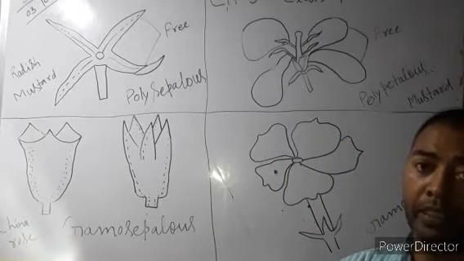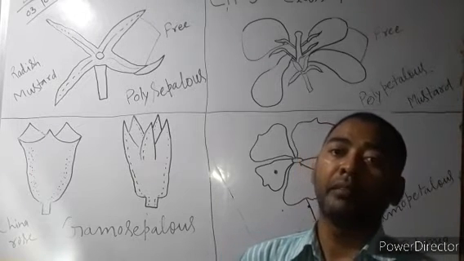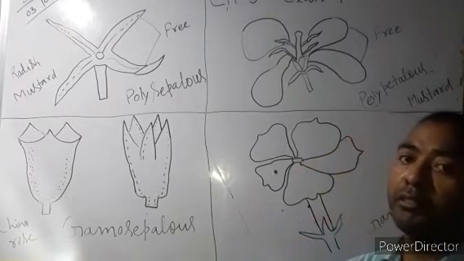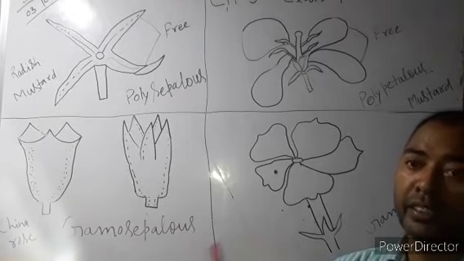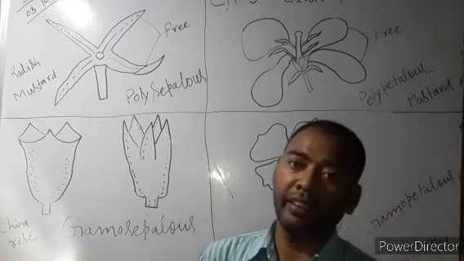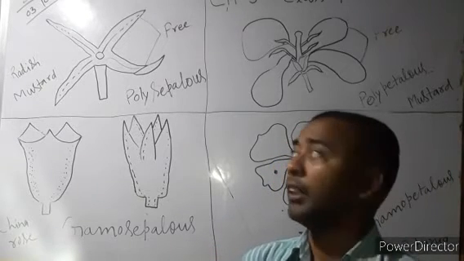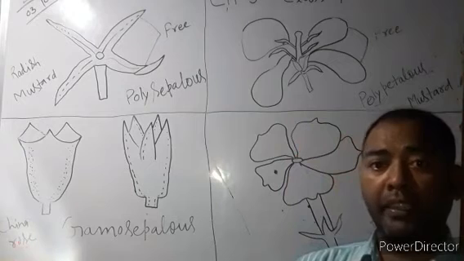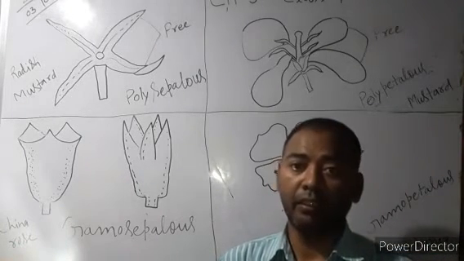Apart from that, many forms of calyx are also found in plants. In some plants, the sepals are found separately, or they are not attached to each other.